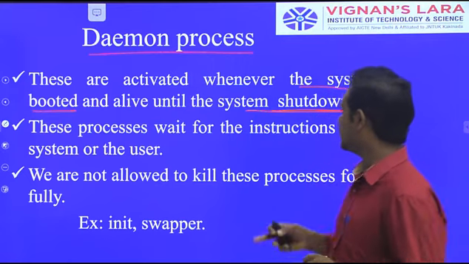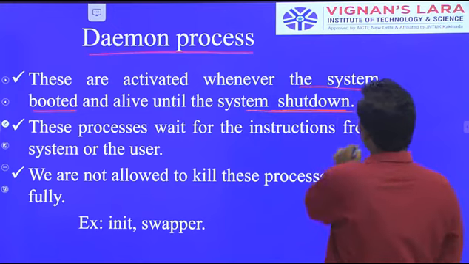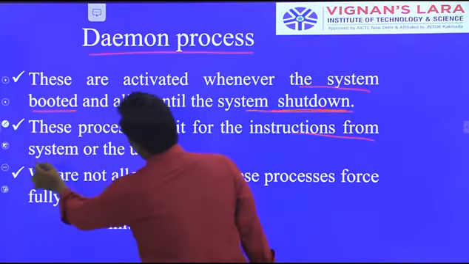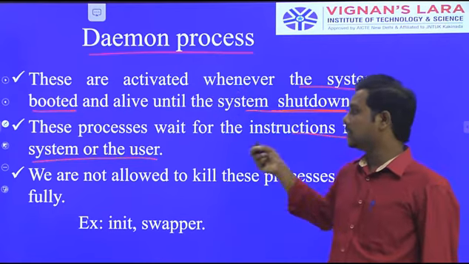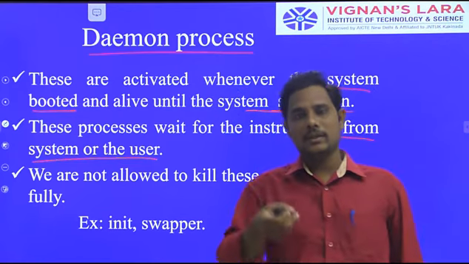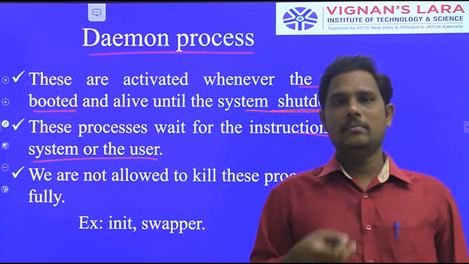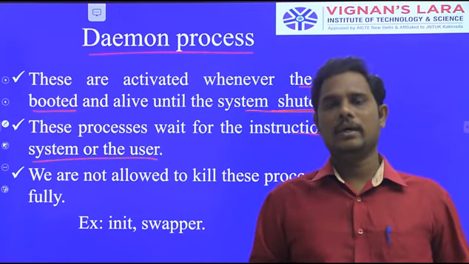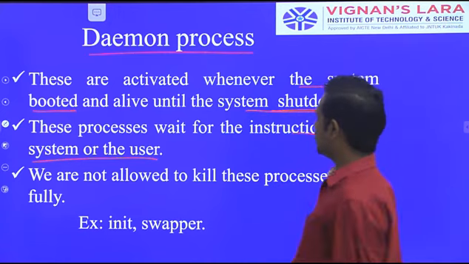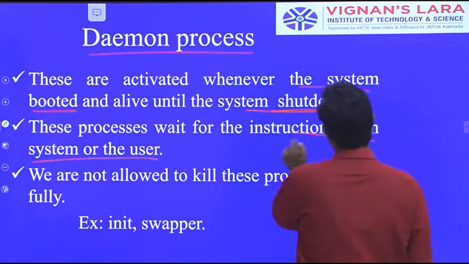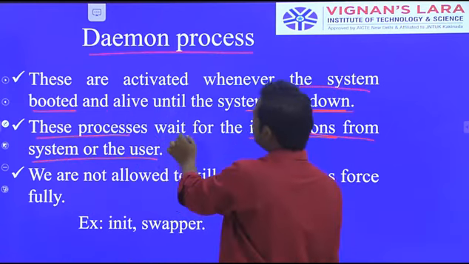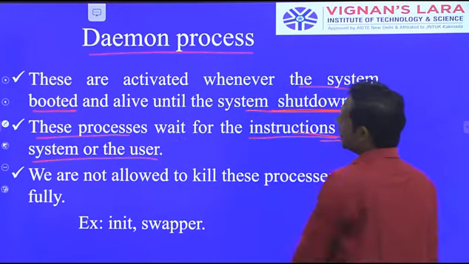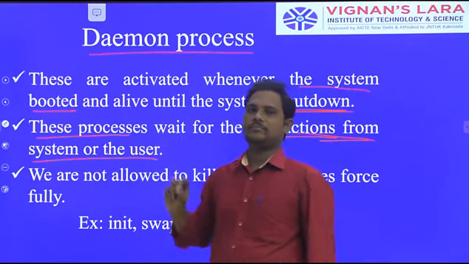Those processes wait for the instruction from the system or user. Whatever the instruction is, it will be processed and executed. So the daemon process waits for the instruction from the system or user.